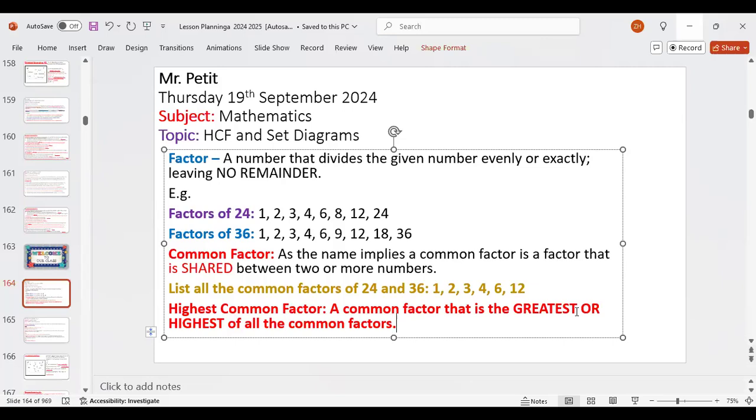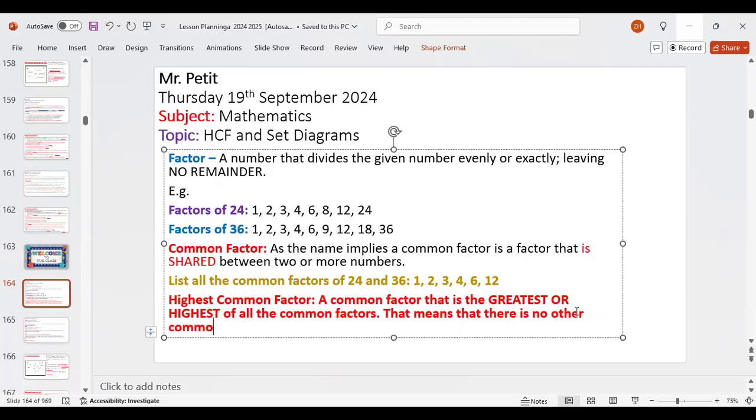That's what we mean by the highest common factor. That means that there is no other common factor that is greater than it.